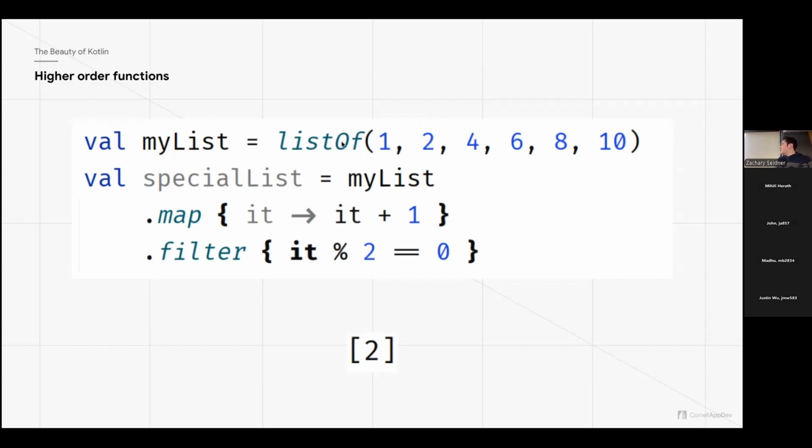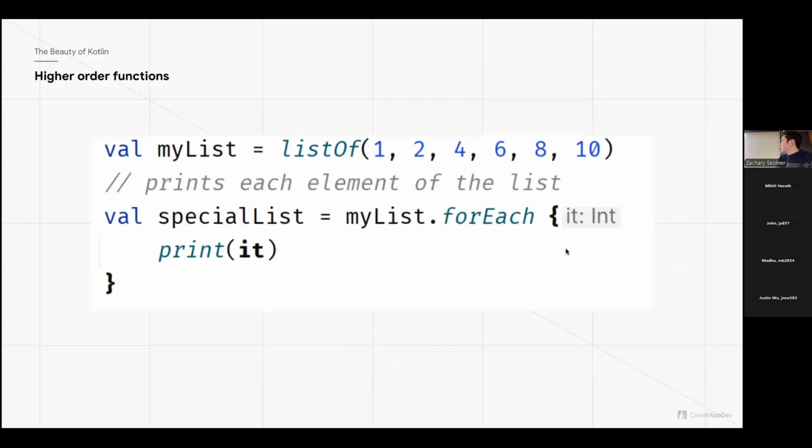So this list of is actually a function with a parameterized type, which basically just means that we can use list of for different types, but in this case it creates a list of integers. And it's able to do that because we only pass in integers here. Does that make sense? Okay, cool. Any other questions? Okay, yeah, really good questions there.